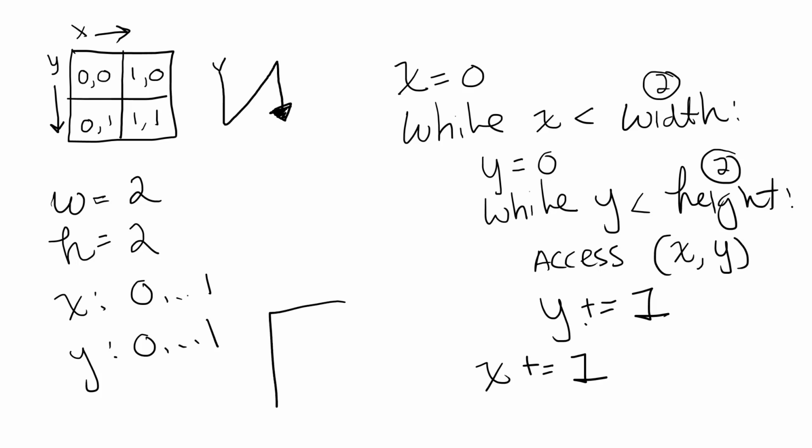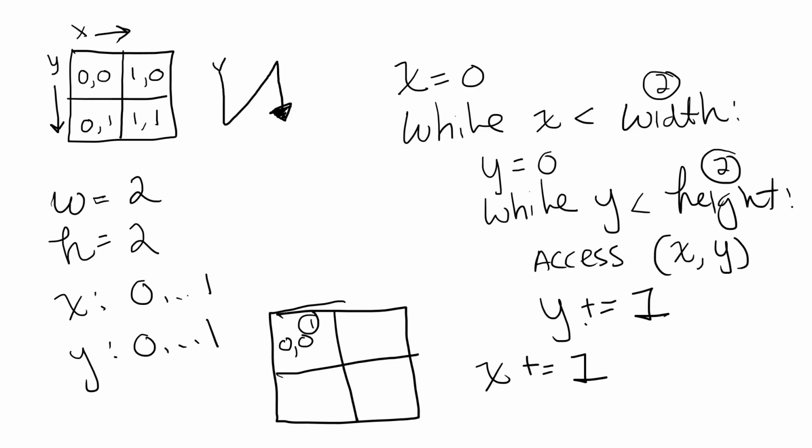So if we draw this 2 by 2 block again, the first thing we access is 0, 0. That's going to be 1. But now we go down, and 0, 1 is the second item we hit.